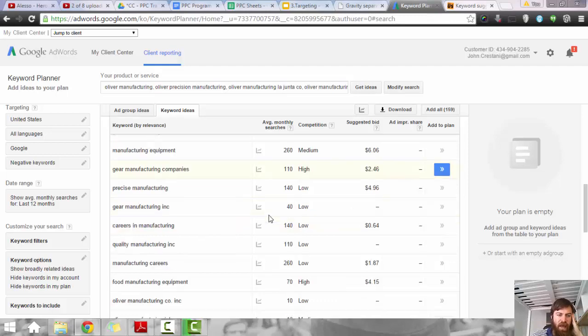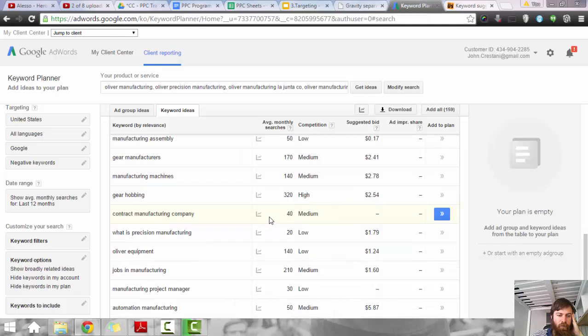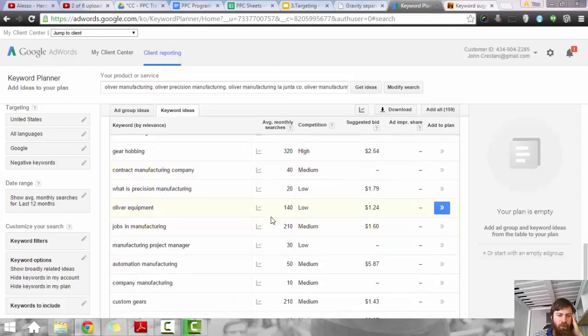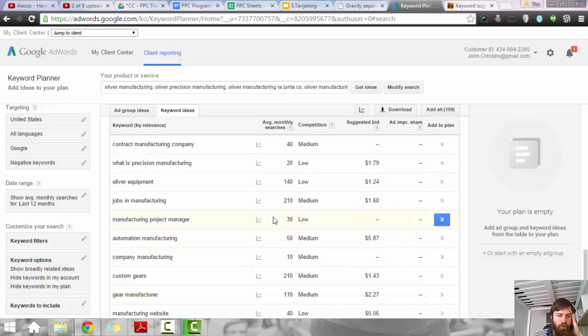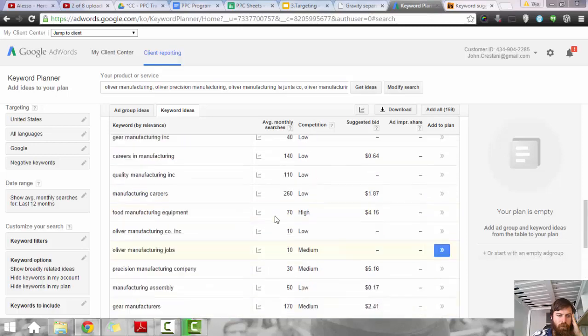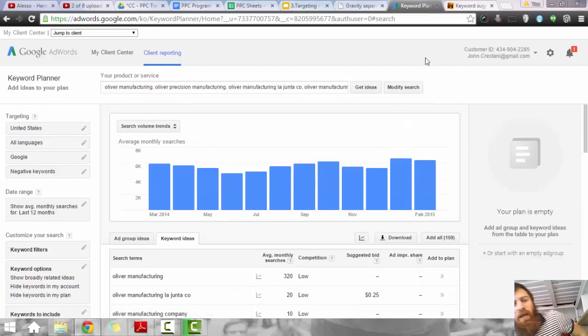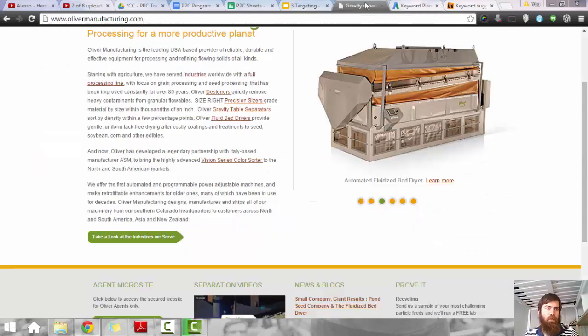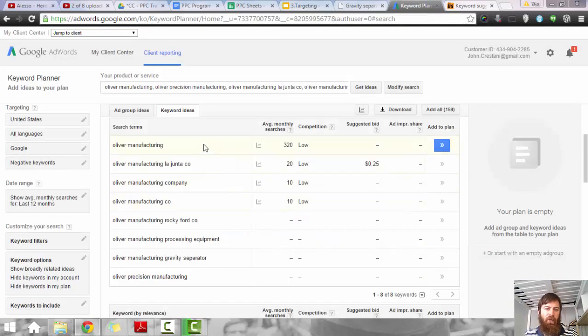Let's see if we see any more Oliver Manufacturing related terms. It seems like that basically sums it up for this group.